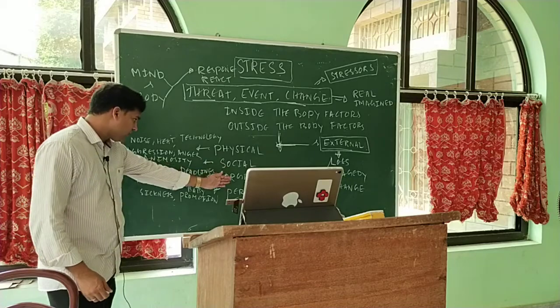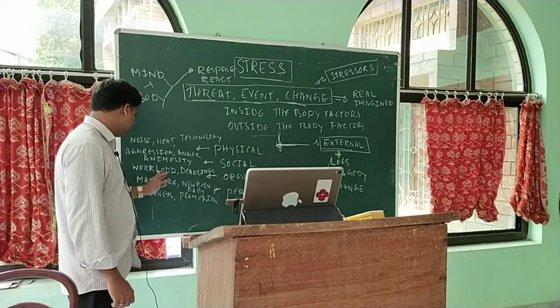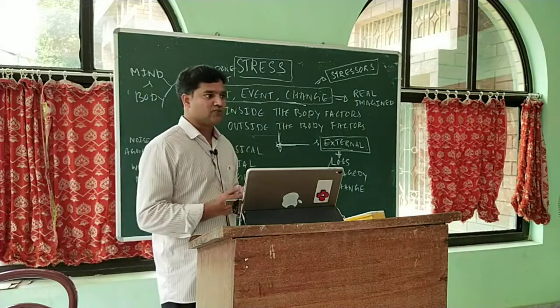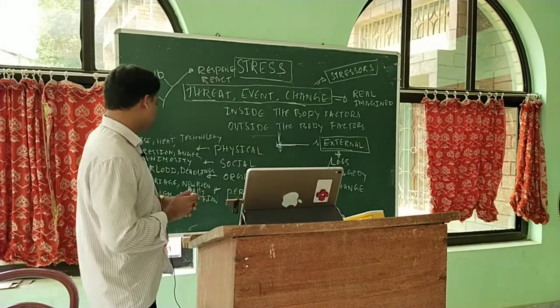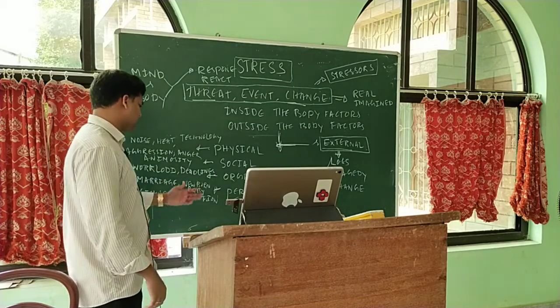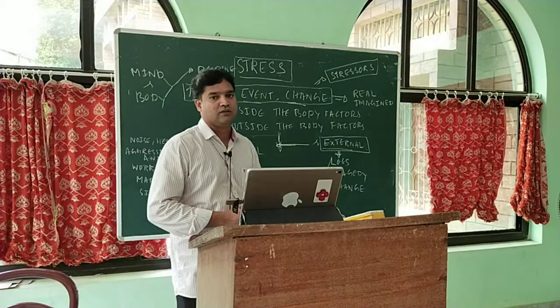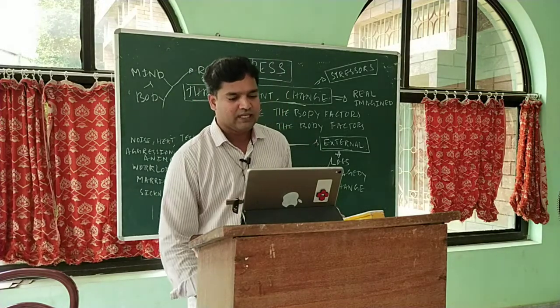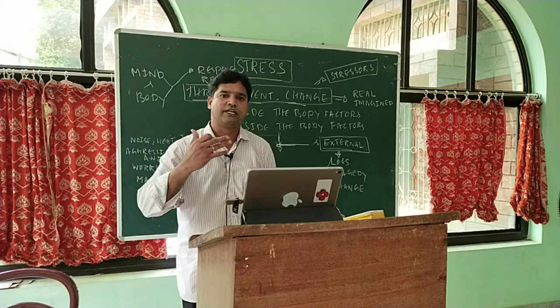Or there is organizational or institutional: heavy workload, or the demand to meet the deadlines to fulfill the task at hand. And personal stressors: marriage, newborn baby, sickness to the self and to others, promotion, the new responsibilities that are given or entrusted. So these are the stressors that come from outside of ourselves.